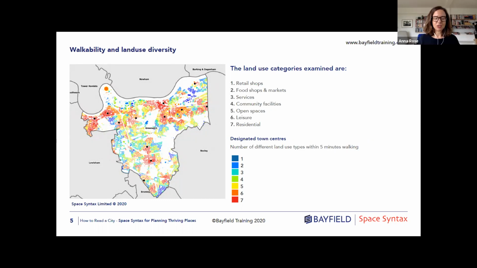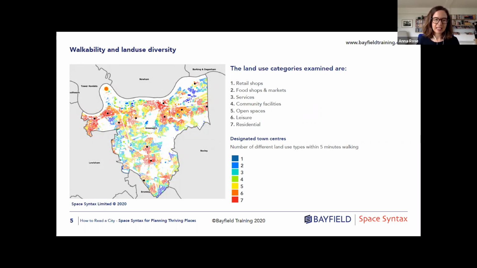So we're starting to look at how planning policy can be linked to policy in relation to public health, for example. In this map, you see that this is not a network model. What you see here is the data represented on the building plot.